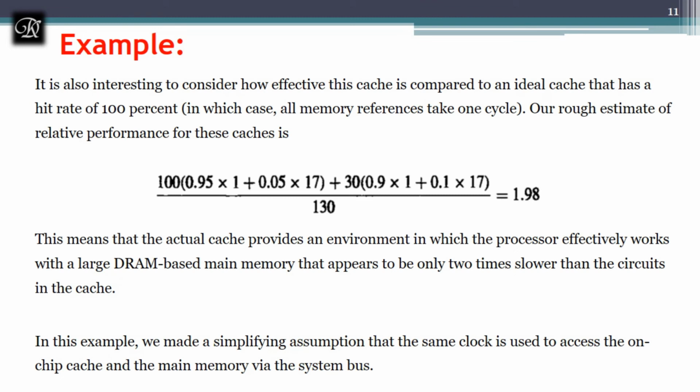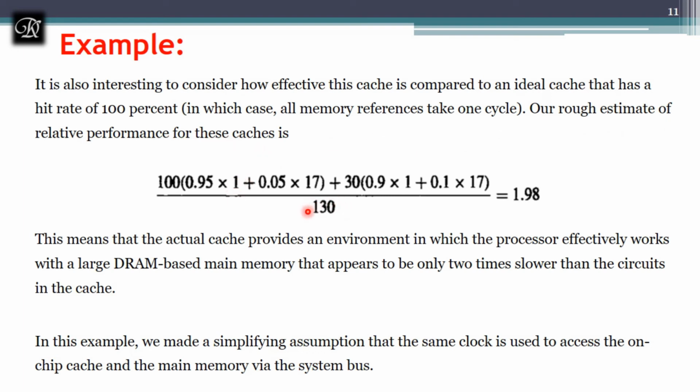Next, it is also interesting to consider how effective this cache is compared to an ideal cache that has a hit rate of 100%. When there is a cache that always gives a hit, we will compare to get a rough estimate of performance improvement.